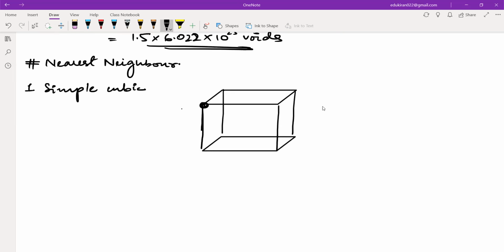In this simple cubic, we have atoms on the corners. And in the atoms of the corner, you have to remember which atoms are touching each other. So all the adjacent atoms. So this atom is touching this atom here, and this atom here, right?